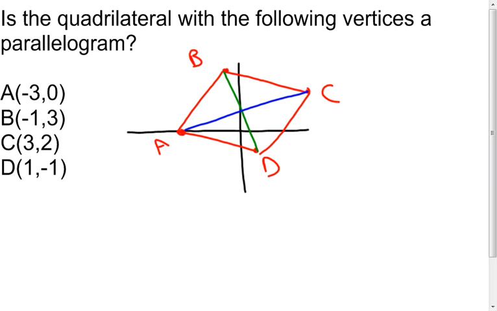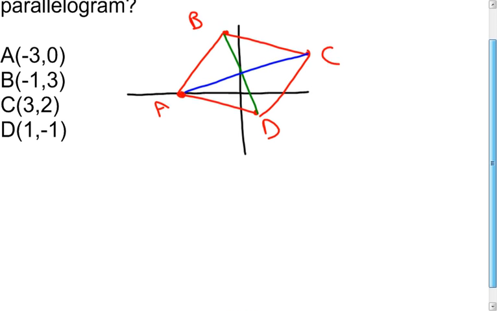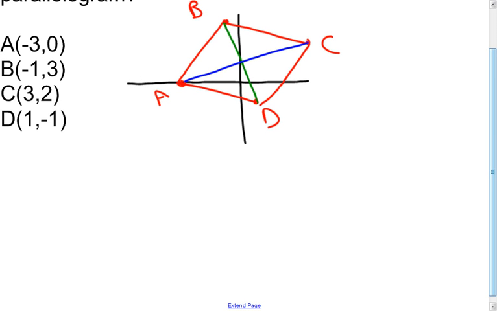And my way to check to see if they're actually cutting each other in half is I'm going to find the midpoint for segment BD, and I'm going to find the midpoint for segment AC. If the midpoint for segment BD and the midpoint for segment AC is the same point, they're bisecting each other. Now, if it's two different points, well, then they're not bisecting each other.